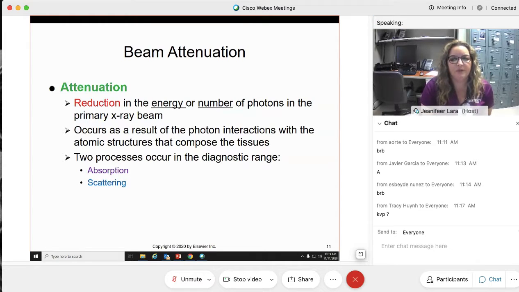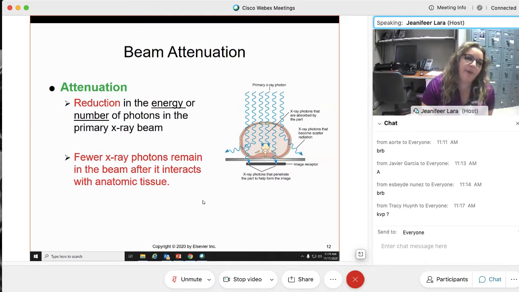You need to remember what attenuation is because it's going to be with you from here until you complete the registry. Just like ionization. Any questions?